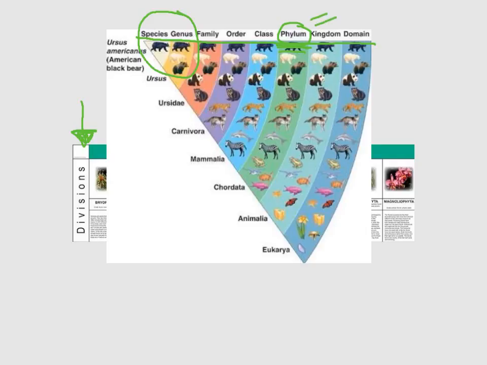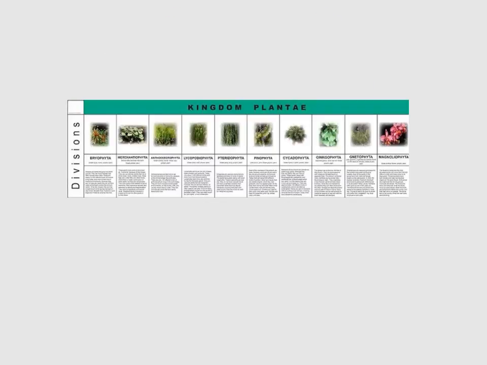Now, let's talk a little bit about these divisions. In this case, we're going to see 1, 2, 3, 4, 5, 6, 7, 8, 9, and 10 different categories, or 10 different divisions. Remember, division is also the same as the taxonomical category of taxa in the plant kingdom.